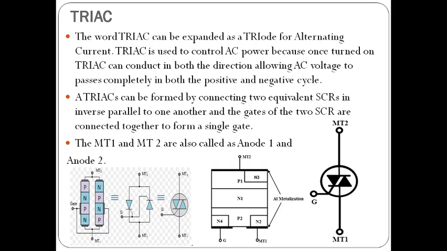The gates of two SCRs are connected. It is named as gate terminal. Yes, you can observe the circuit symbol of triac and internal structure of this triac in this slide.